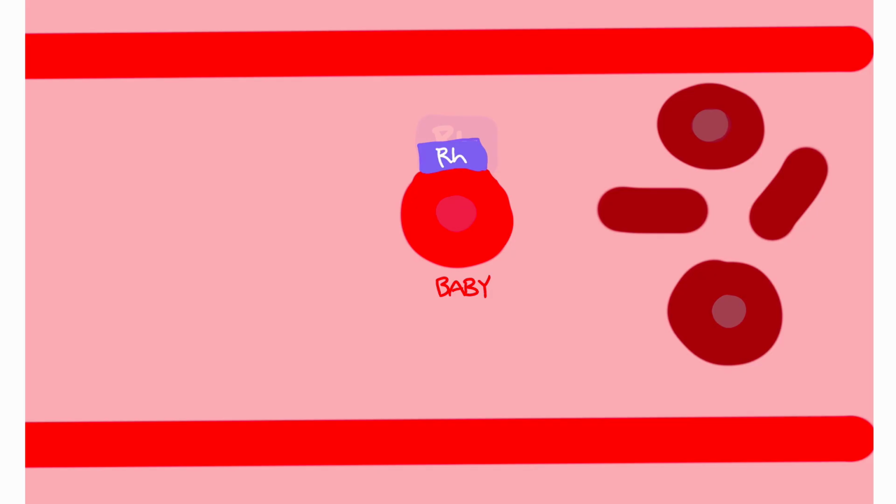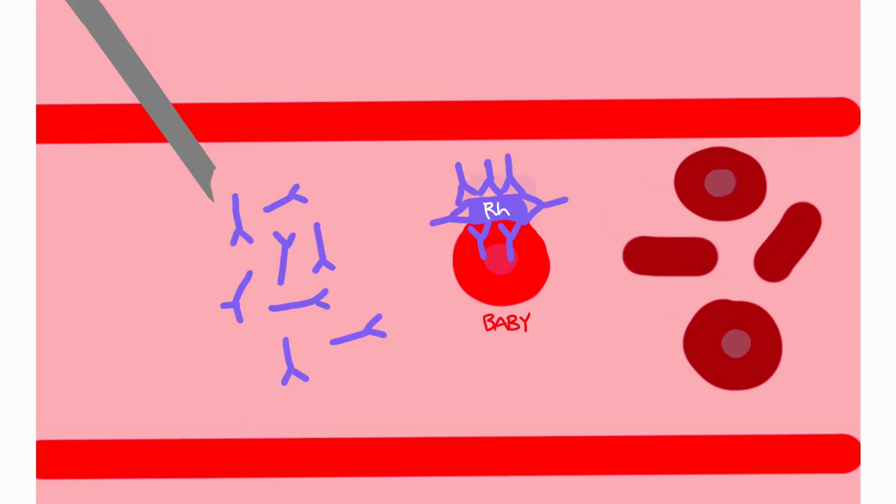Here's a little Rh positive baby blood in mom's circulation. Not great. This could cause a problem. But here we're giving pre-made antibodies to Rh, or ROGAM, to the mom.